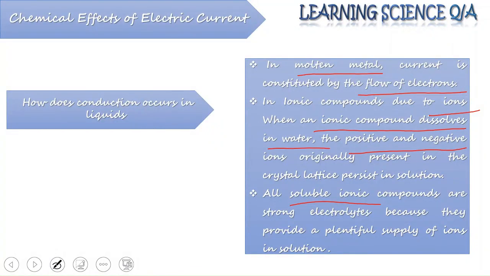So now the question arises, how does conduction occur in a liquid? So whenever in a liquid state a metal or ionic solid or any ionic compound which can be dissolved in liquid are present, they break into the electron.